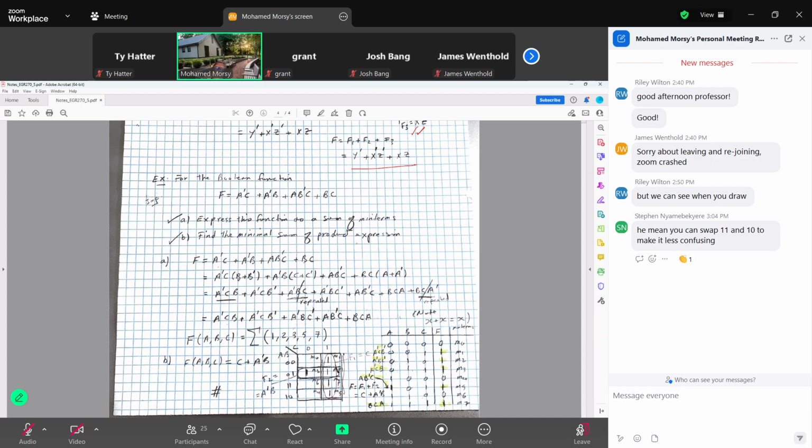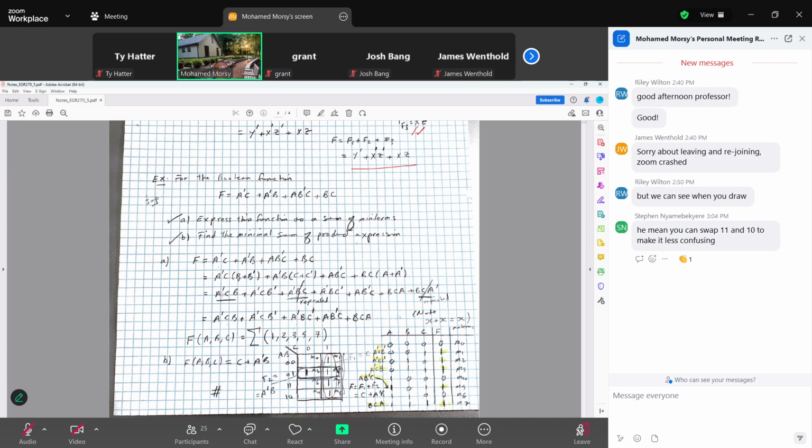Exactly. We look at the repeated terms. If we have terms repeated, what do we do? Cancel them out. We take only one term and skip the rest of the repeated ones. For example, here you can see A inverted BC. A inverted CB is the same as BC, of course.